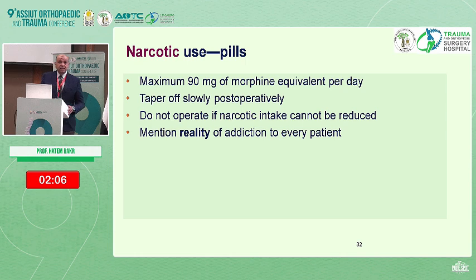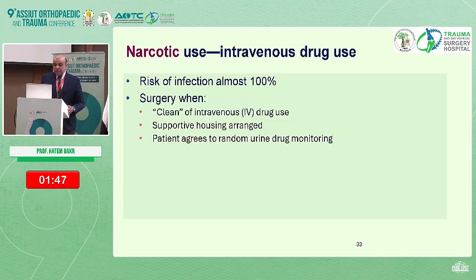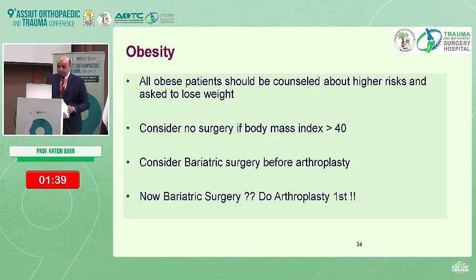Narcotics and addicts, this is a very important issue now rising in our community. The patient who is on narcotics, post-operative pain is going to be a big issue. So if the patient is taking narcotics, don't lower the dose; in reality, he should take it. Patients taking intravenous drugs have a higher risk of infection, so take care of that.